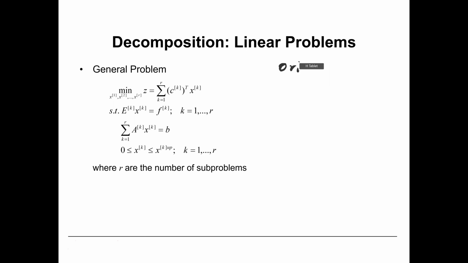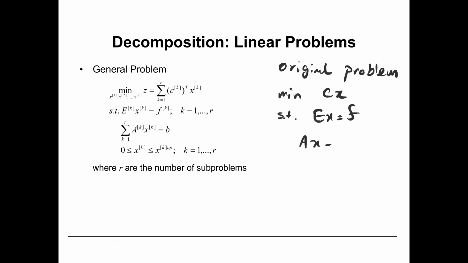So the original problem was minimizing Cx subject to Ex is equal to F and Ax is equal to B. All x's are upper bound.